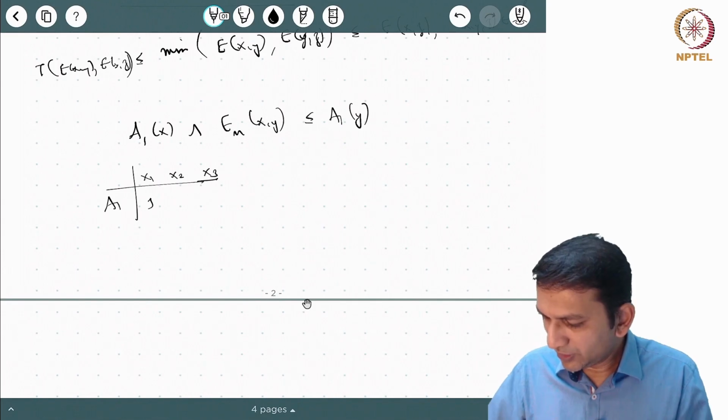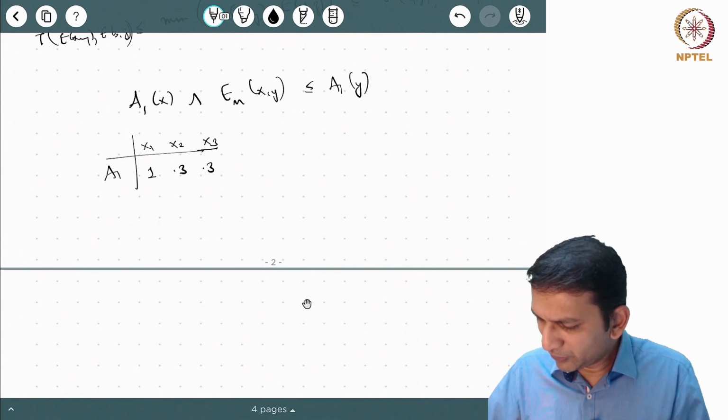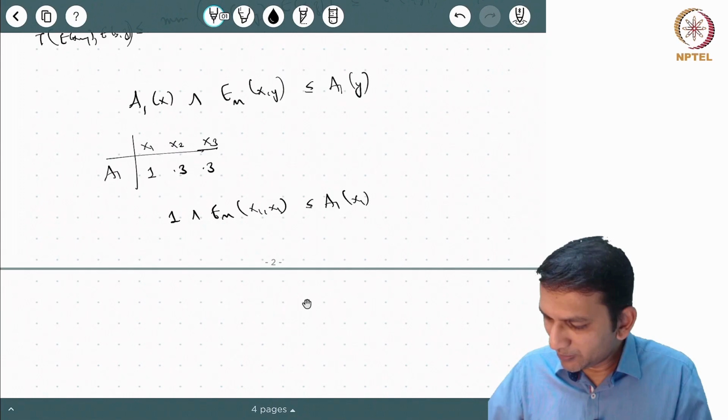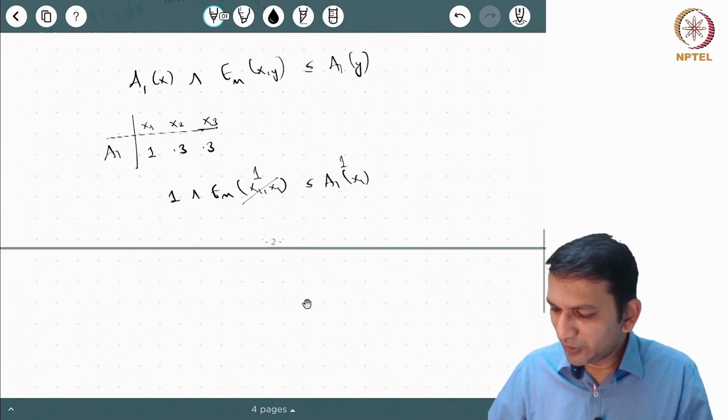A1 is (1, 0.3, 0.3). So if we take A1 of x1, then it is 1, and Em of x1, x1 should be less than or equal to A1 of x1. Clearly this will happen because this is 1. So for the diagonal elements we don't need to check.